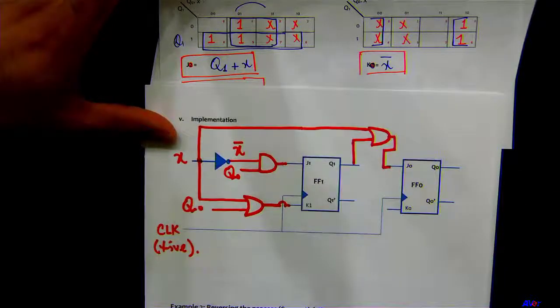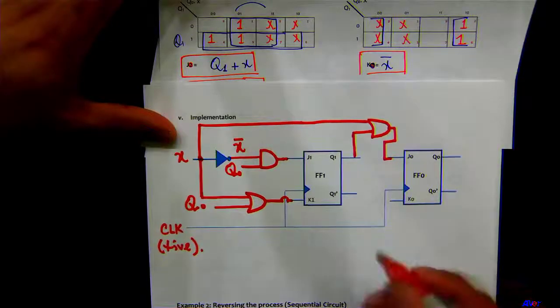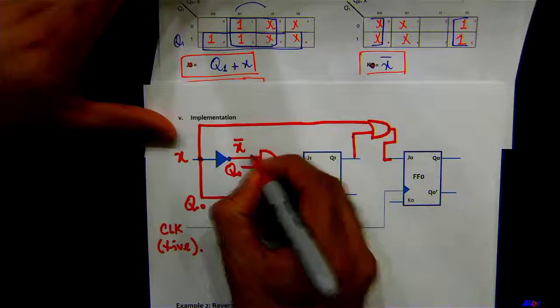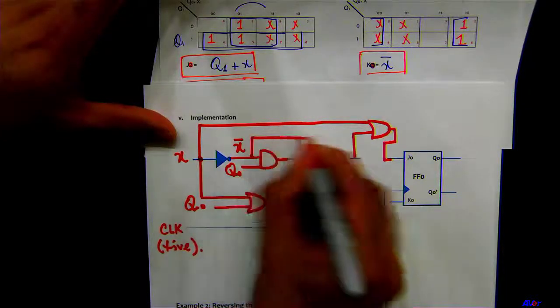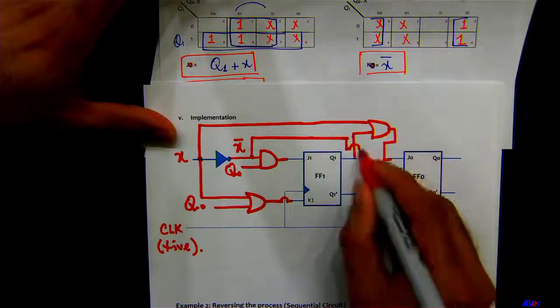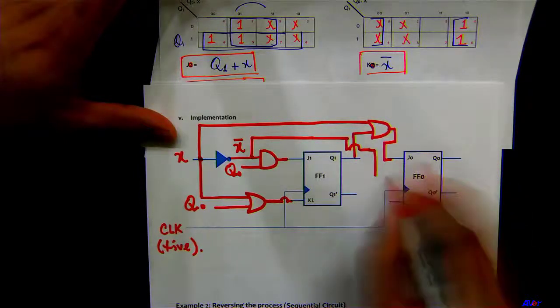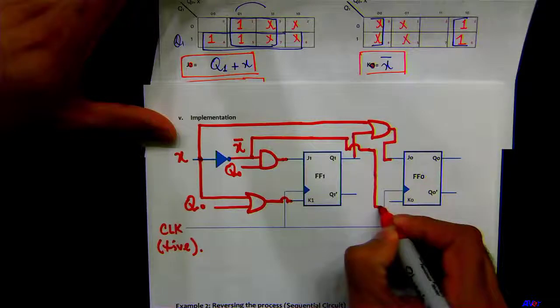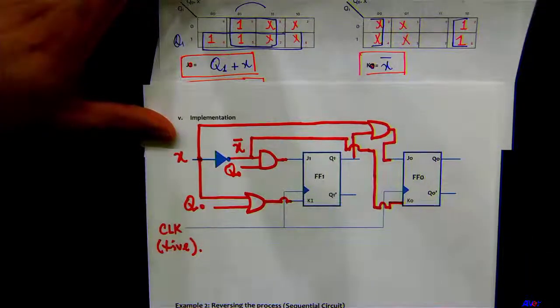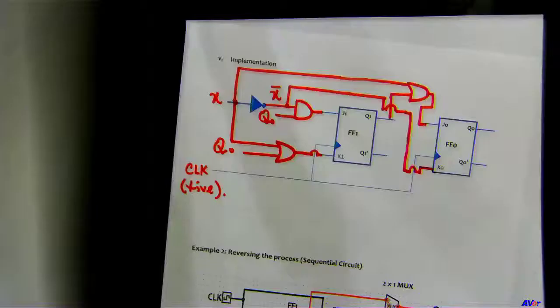K0 is X bar, which is right here. All right. Anything else that I'm missing here?